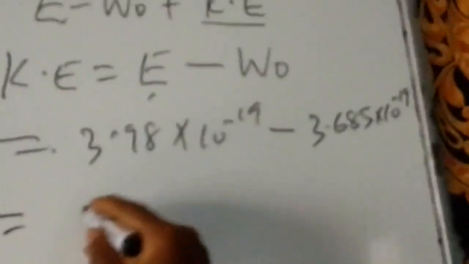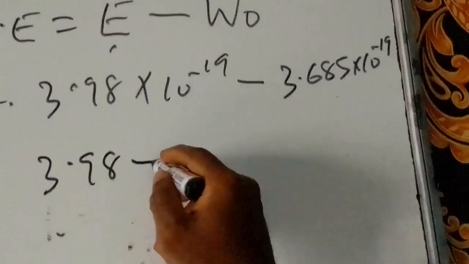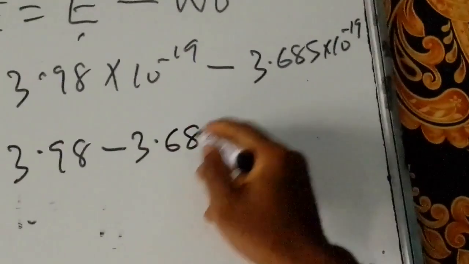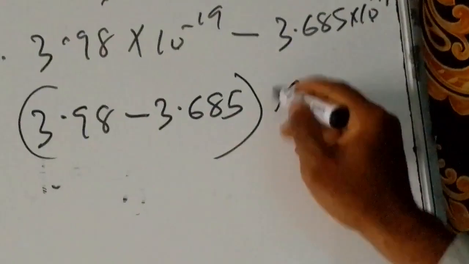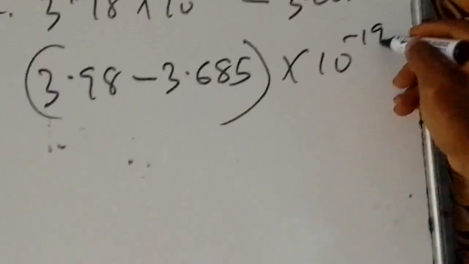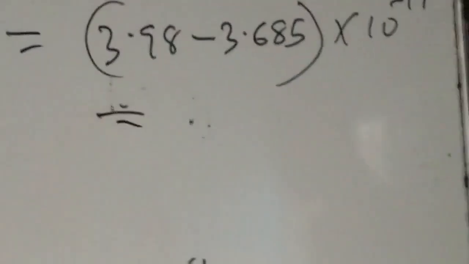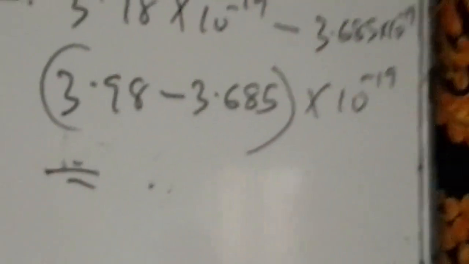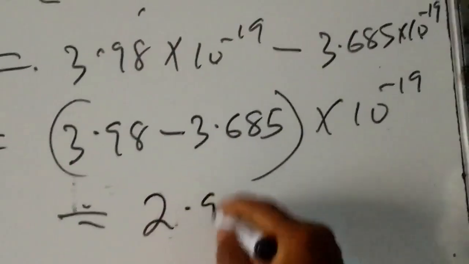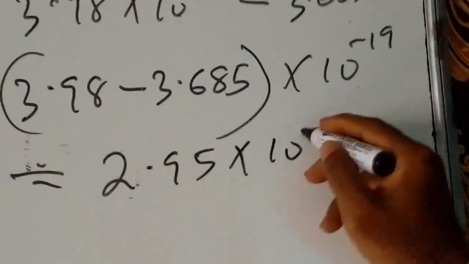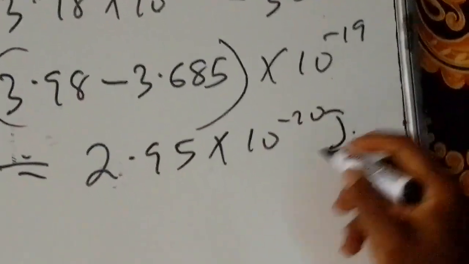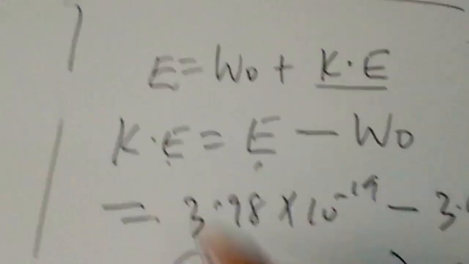So we now have 3.98 minus 3.685, factorizing, since they have the same exponential, and then multiply by 10 to the power minus 19, only one. So if we solve this, our final answer is going to be 2.95 times 10 to the power minus 20 joules as the kinetic energy of the electrons.